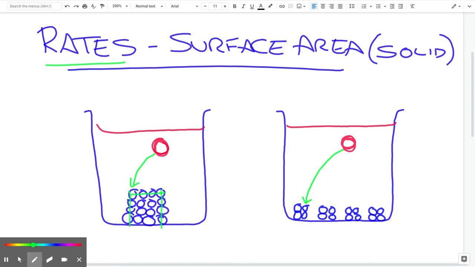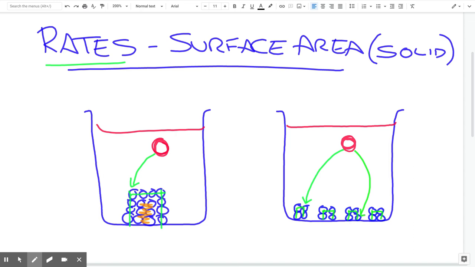It's not possible in this diagram for these particles initially to react with the outer particle that's going to collide with it. However, in the other example, it is possible for all of these particles to be hit by the red particle. It can get down between the gaps and collide with every single one of the 16 particles.